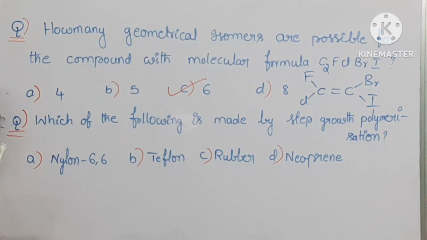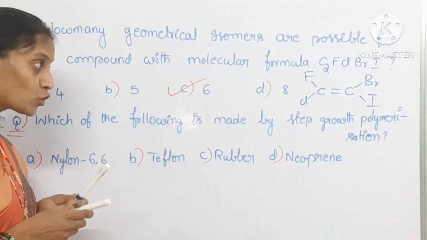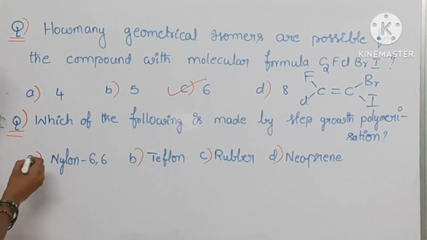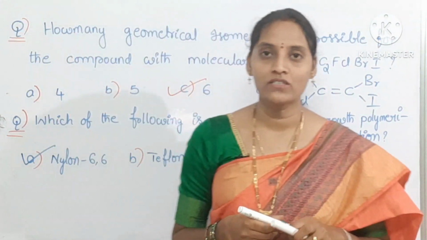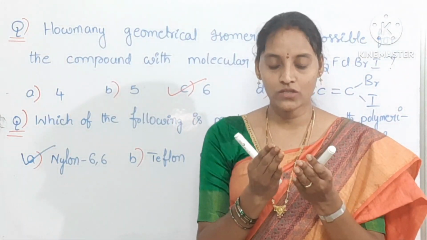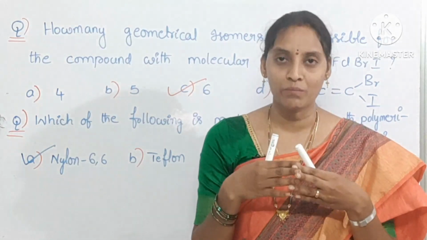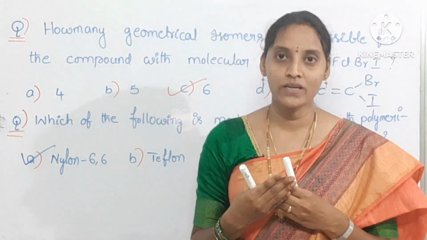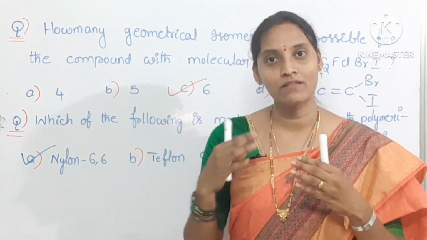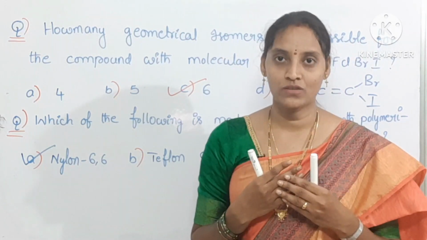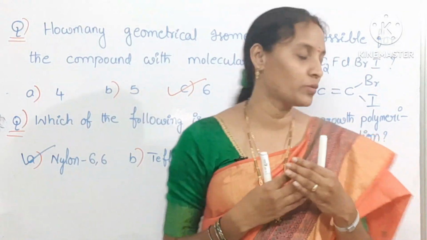Next one: which of the following is made by step growth polymerization? The first option is nylon 6,6. Why do we call it step growth polymerization? First, many monomers combine to form dimers, then many dimers combine to form polymers. That is step growth polymerization.